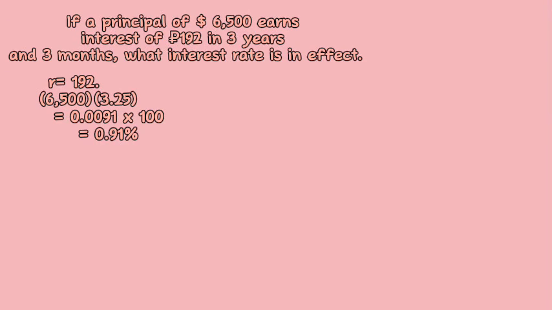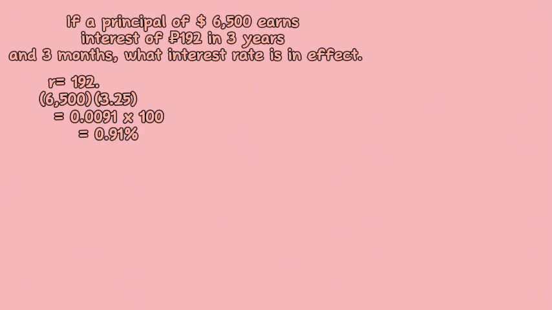So this time, going back to the problem, the interest is 192 pesos divided by 6,500 pesos times the value of t. This time is 3 years and 3 months, and in fraction it means 3 and 3 over 12. Using the formula, you'll be able to get this value 0.0091.